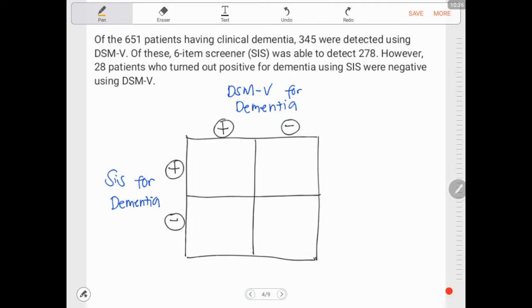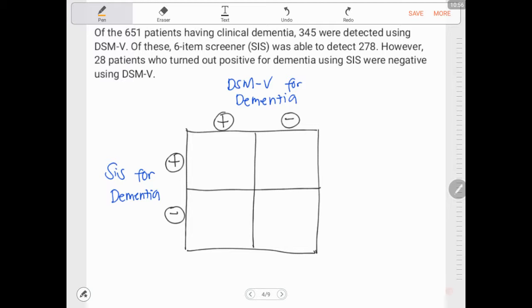Right. In the same way, in this column, all of those were negative for DSM-5. While all of these people here were negative naman for SIS. Okay? Remember that. Right.